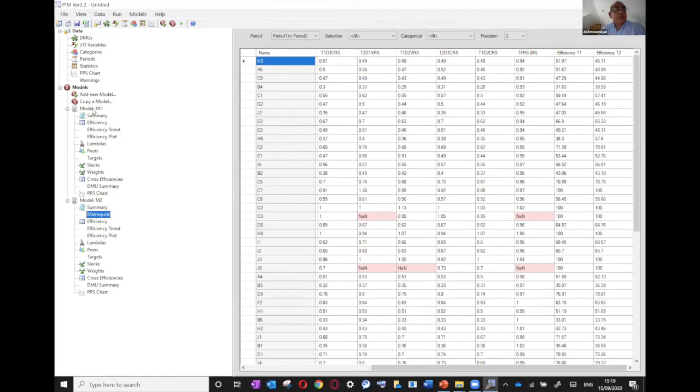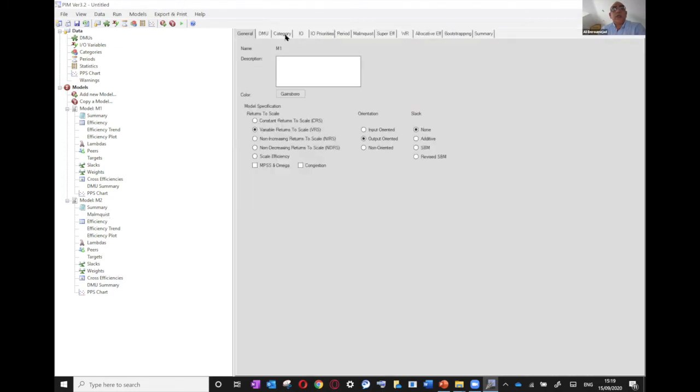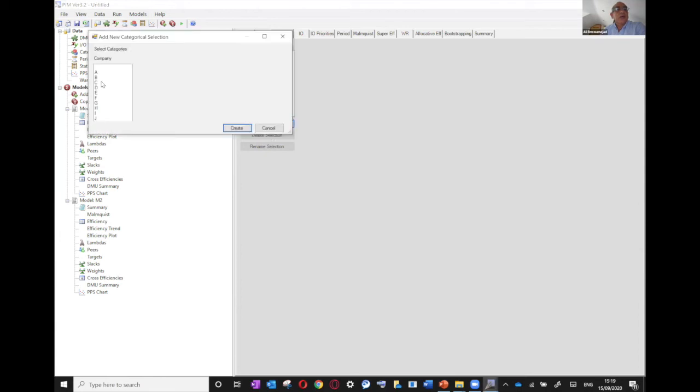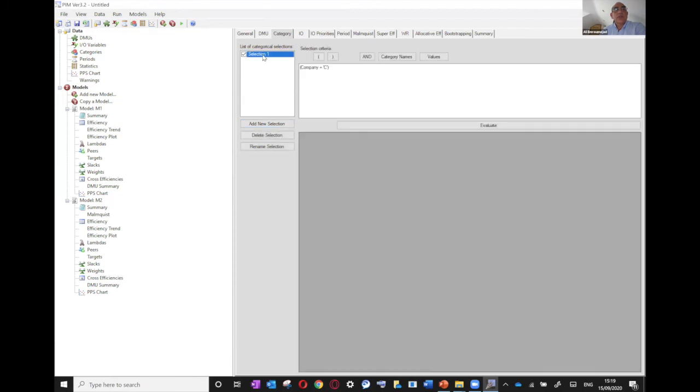There are many other features in the software, including, for example, category selections. If we want to run the efficiency or decision making, the DEA, within each set of category, like for example each set of companies, in these cases it is easy to do that. So if I say I want to run only for company C, I'm going to choose this company C only.